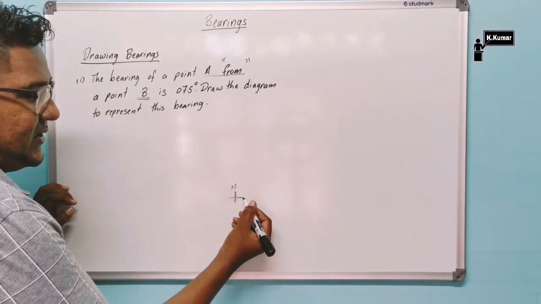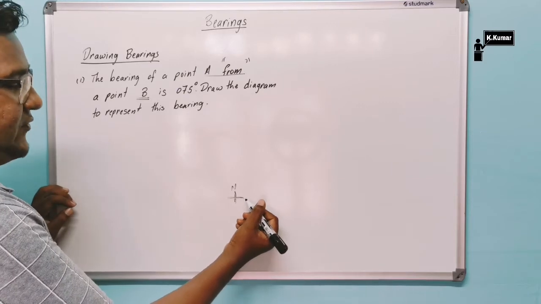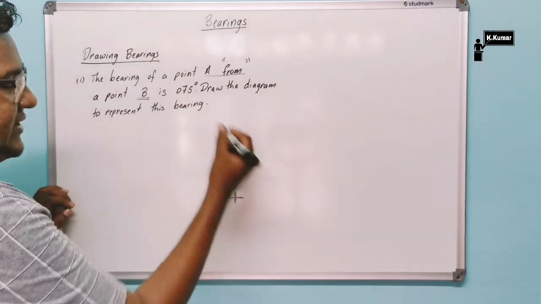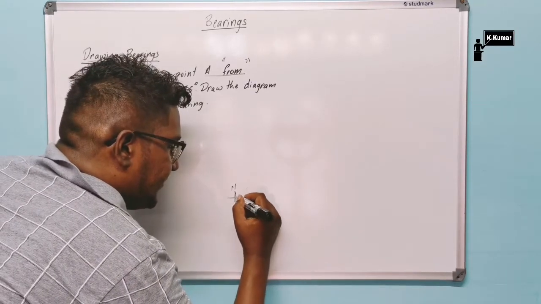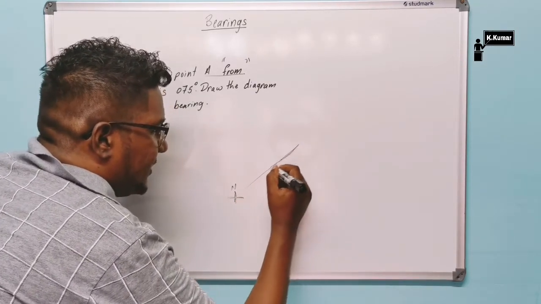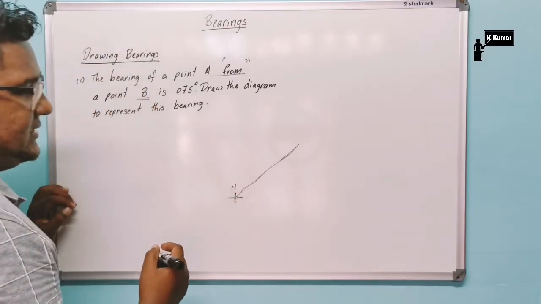At this point, we know that this is 90 degrees. Therefore 075 degrees would be less than 90, so somewhere in here is our 075 degrees.